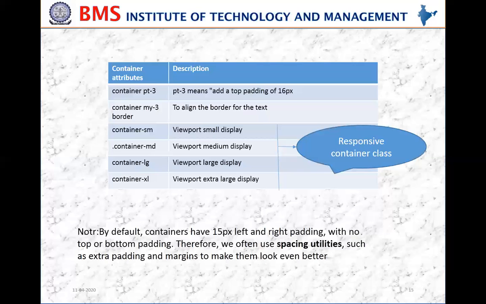Then you also have what are called container classes, where it can display the information either in a small display, a medium display, a large display, or an extra large display. So this set, sm, md, lg, xl, is called the responsive container class. Please note that by default a container has 15 pixels left and right padding with no top or bottom padding. Therefore, we often use spacing such as extra padding or margins to make them look even better.